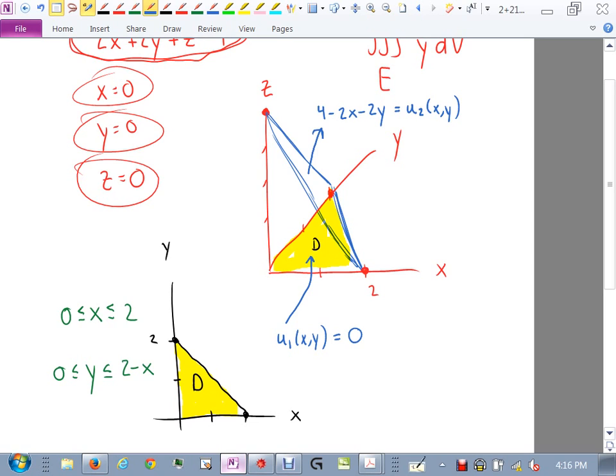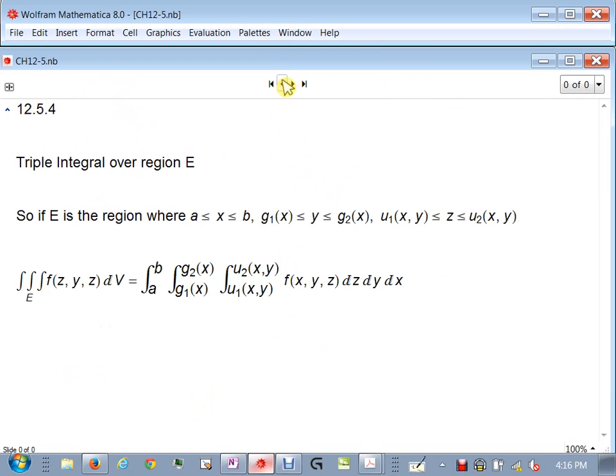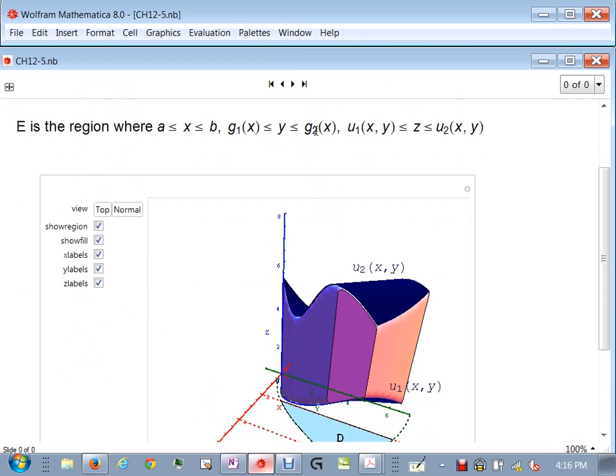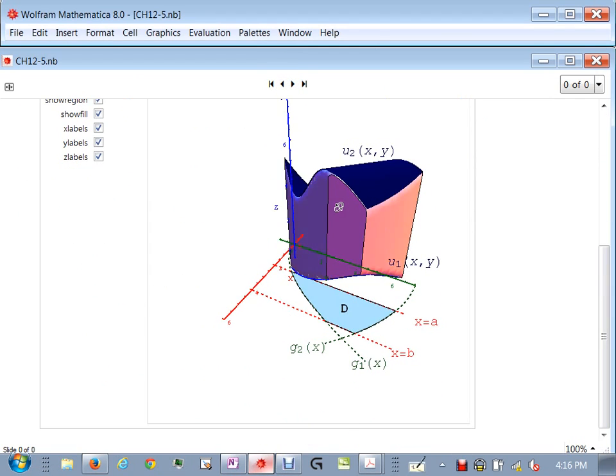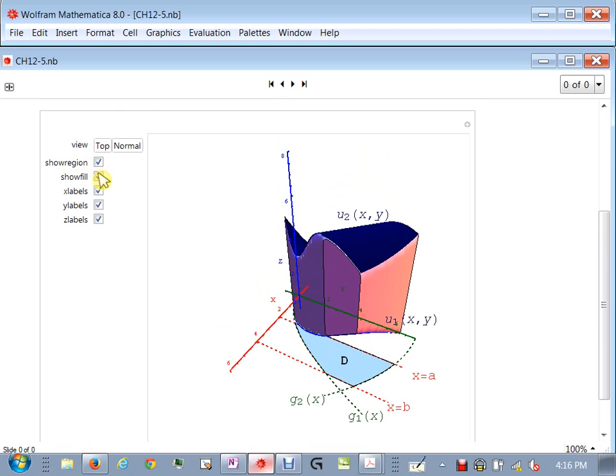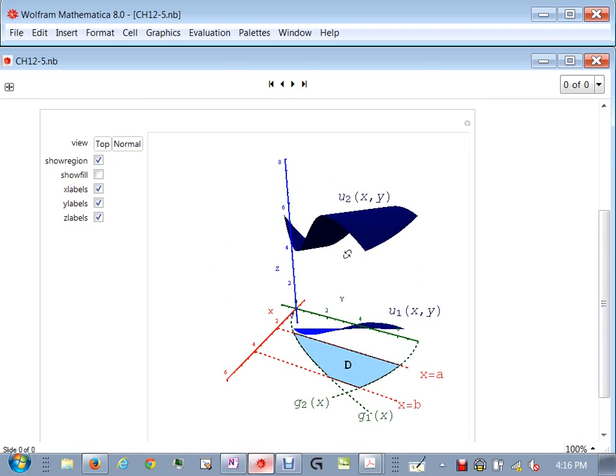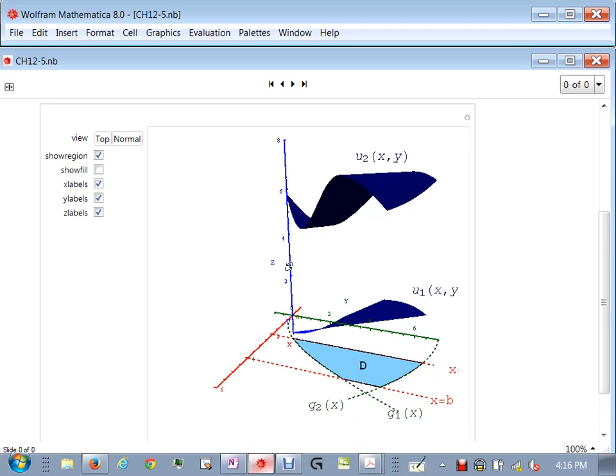Do y'all see how that connects to the picture from before? Most importantly, the top and bottom surfaces. For us, the top surface was the plane and the bottom surface was z equals 0. And then the shadow on the ground turned out to be type 1.